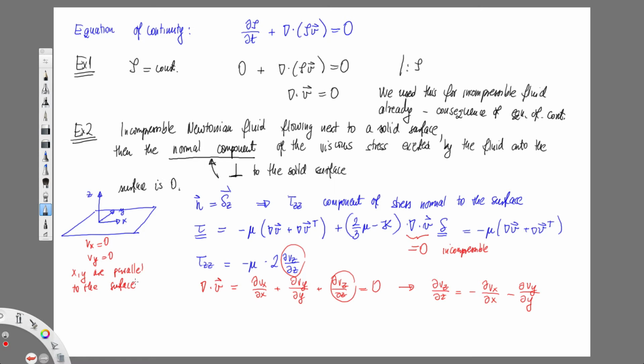So dVx/dx and dVy/dy are not changing; there's no change in Vx and Vy along x and y.